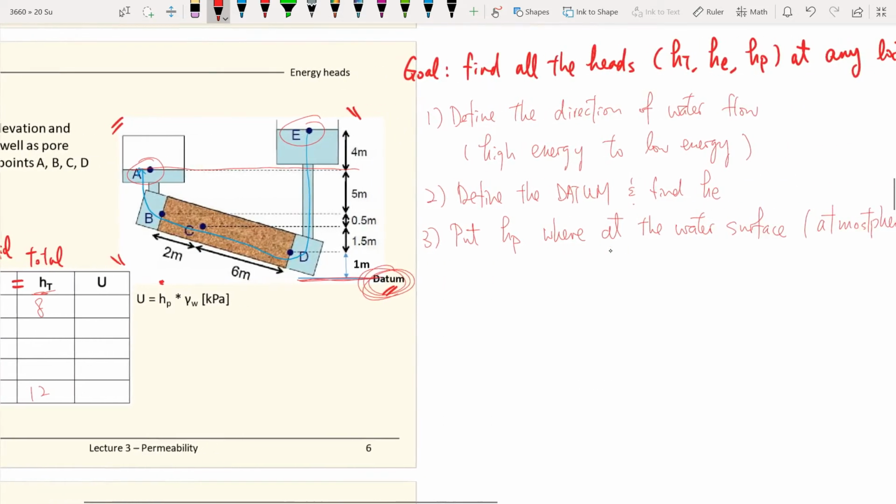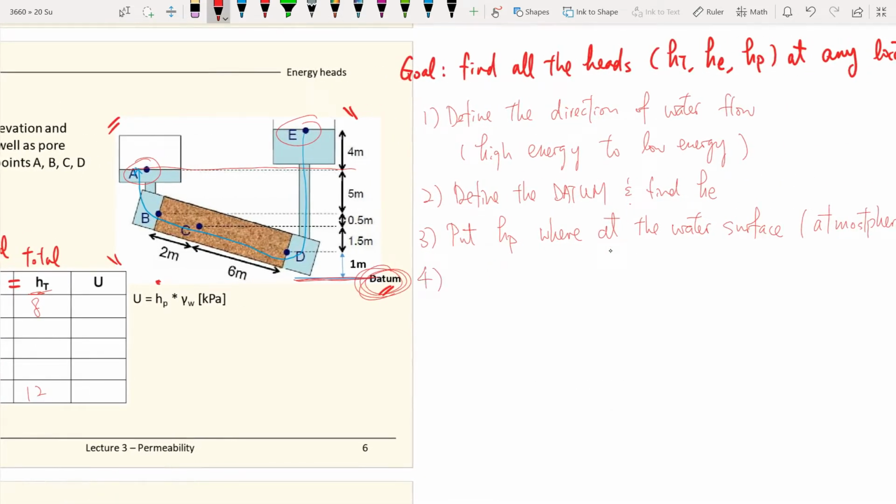After that, we go to step 4. We will find the total head where there's no loss.